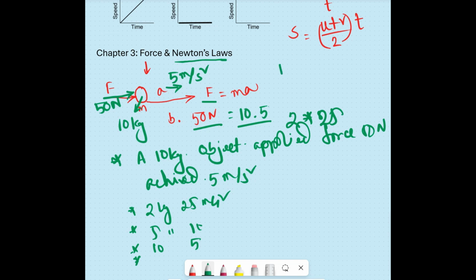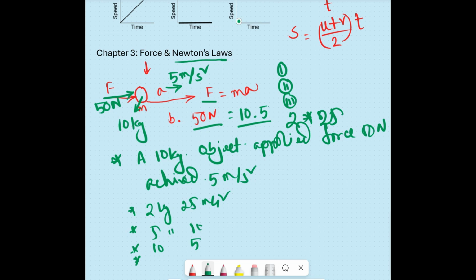So Newton has three laws. So the very first law, what it's saying and how we explain these three laws. The very first law said objects like to stay the way they are, at rest or in motion.